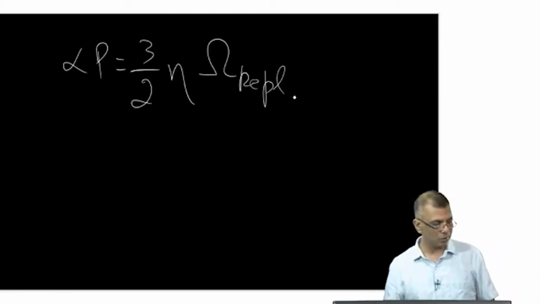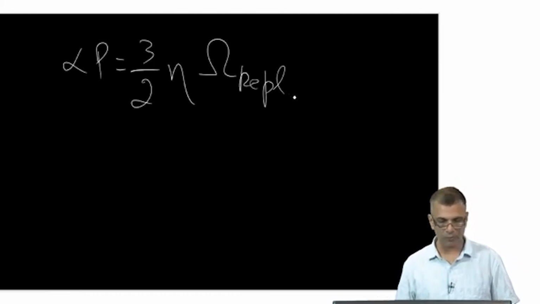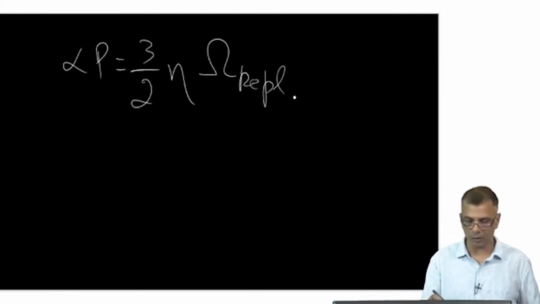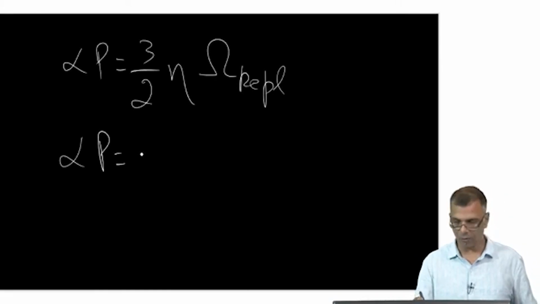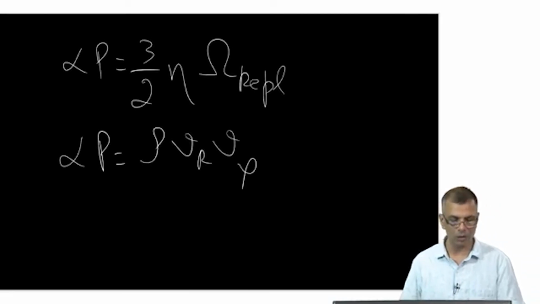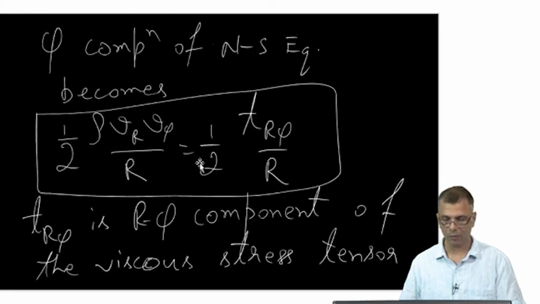So, this is one very interesting thing, and then we also saw earlier that the alpha p was equal to rho Vr V phi. You remember this from here. This came from the basic momentum equation like this. Where did this come from?